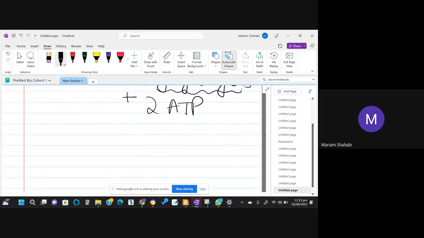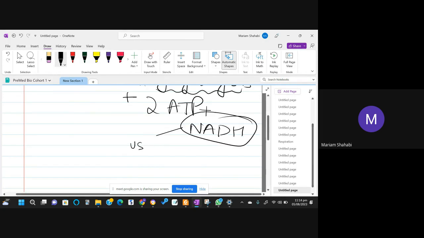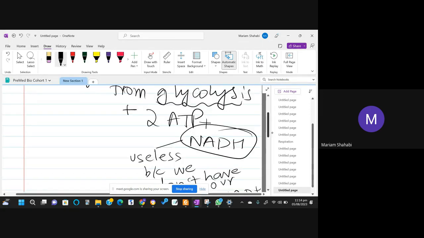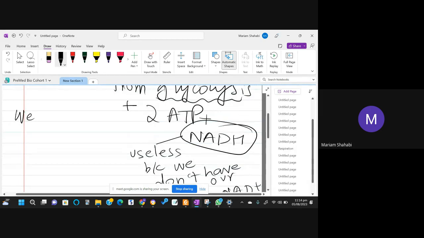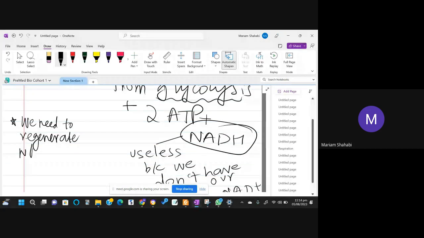And we also have loads of NADH. Useless because we don't have our electron carriers. ठीक है? ये अब हमें इसको रीजेनरेट करना है. We need to regenerate NAD plus in order to keep glycolysis running.